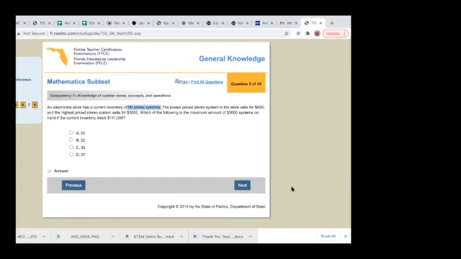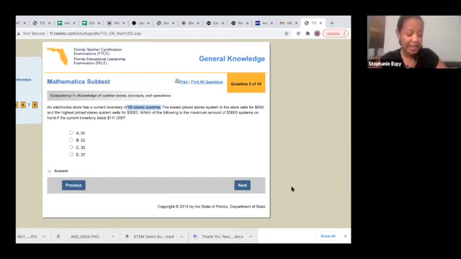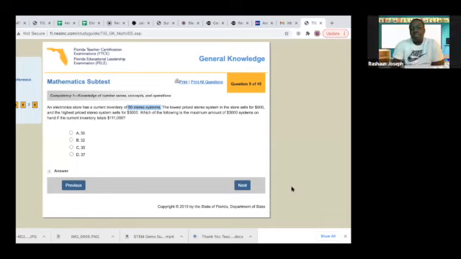15,000, right. So let's say those 18 were all at the minimum, $800. Is that amount greater than or less than 15,000? Can you say that one more time?